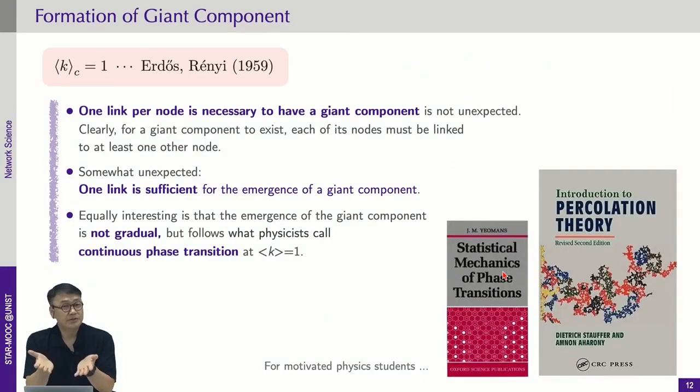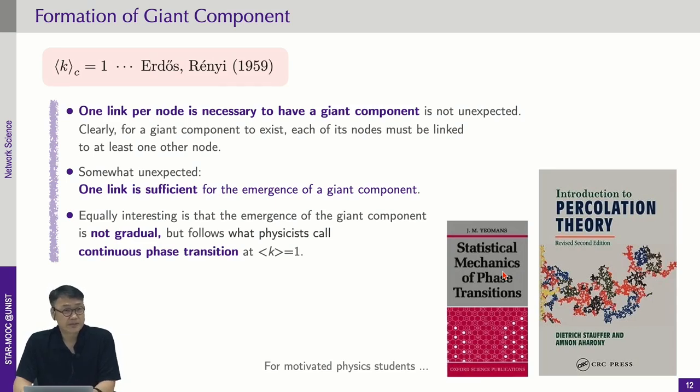But what happens to a system or a network exactly at the critical point? That's a whole other area of research in critical phenomena, which is not within the scope of this lecture. Instead, I'd like to point out one trivial and one non-trivial aspect of the criticality observed in the random graph.